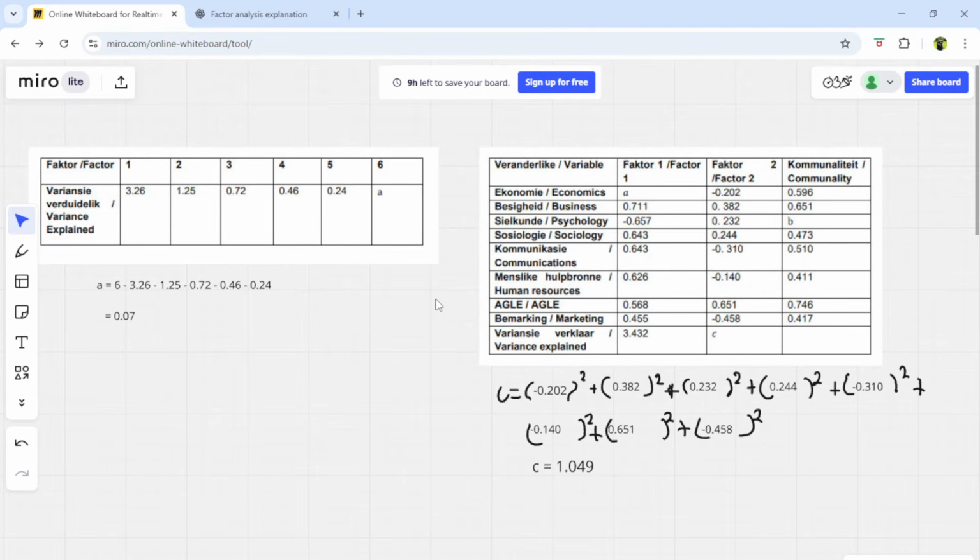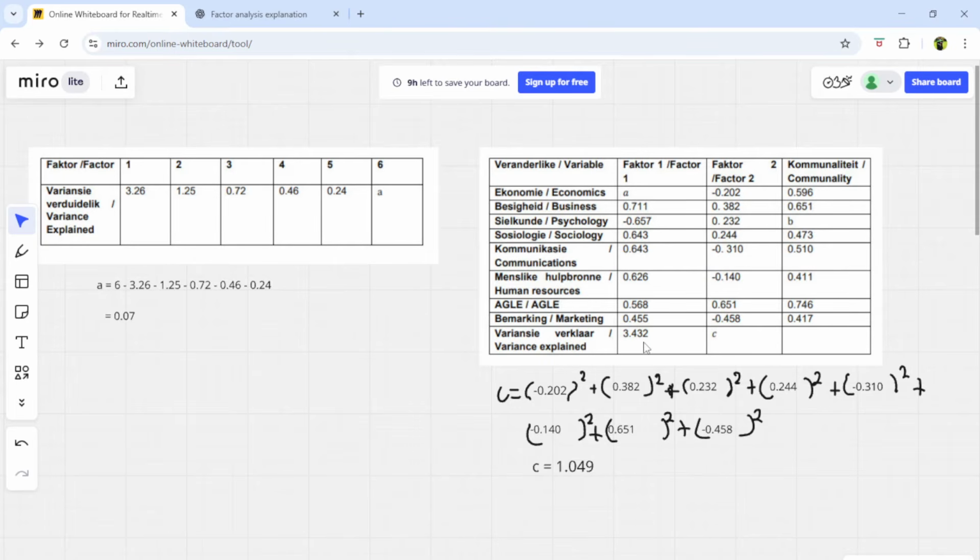But then one thing you must know is that the factors are in order of importance, meaning that they range from the highest to the smallest. As you can see, 3.26 is bigger than 1.25, is bigger than 0.72, is bigger than 0.46, is bigger than 0.24. So meaning that the value of A should be the smallest, and as you see, 0.07 is smaller than 0.24, and all of them. And then here as well, the one that we calculated here was 1.049, and this is 3.432.